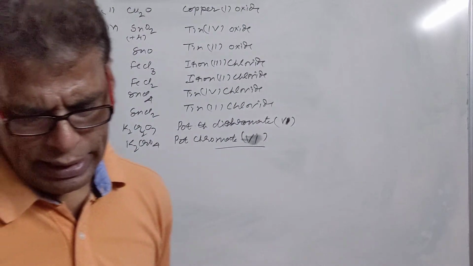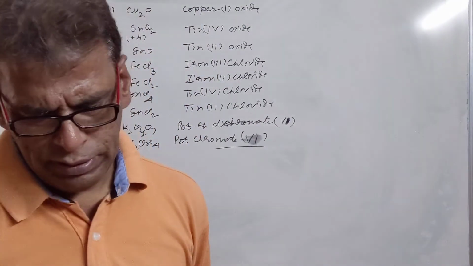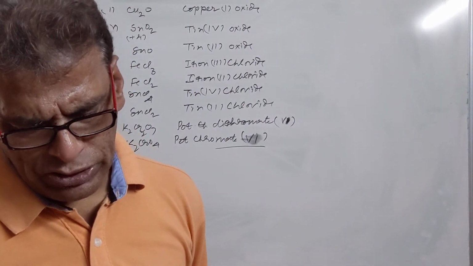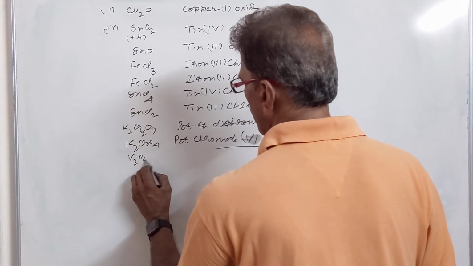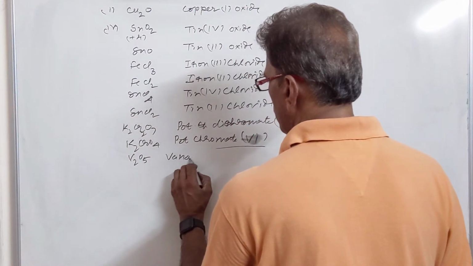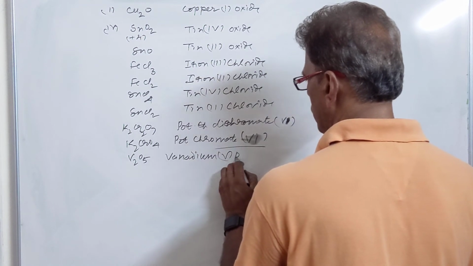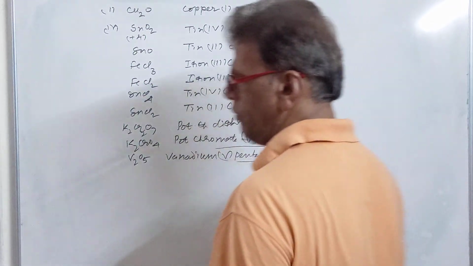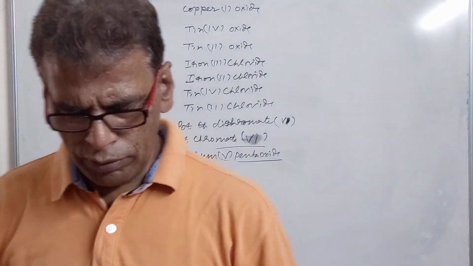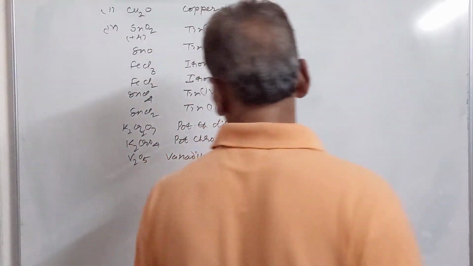Na2CrO4 will be written as sodium chromate, chromium in the 6 oxidation state. V2O5, vanadium pentoxide, or we can write vanadium(V) oxide.